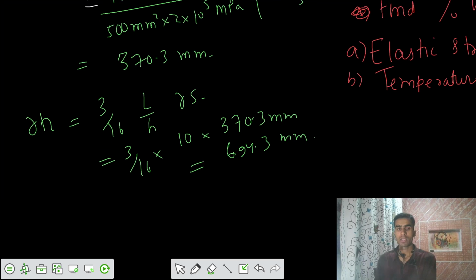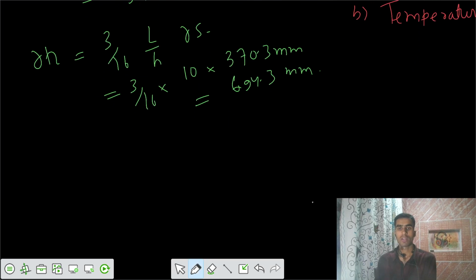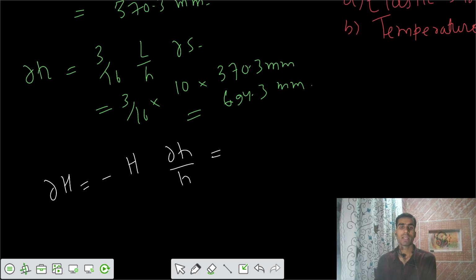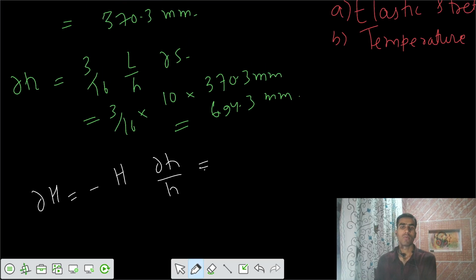Once we get ∂H, we can get the change in horizontal. So I would say ∂horizontal equals minus horizontal times ∂sag by sag. So what is this value?